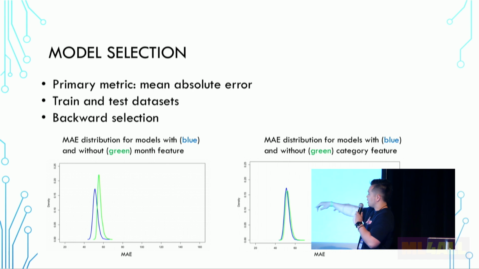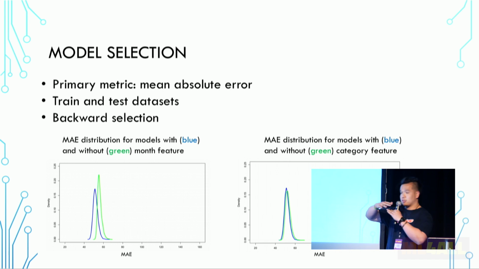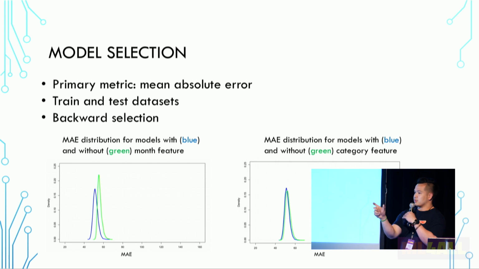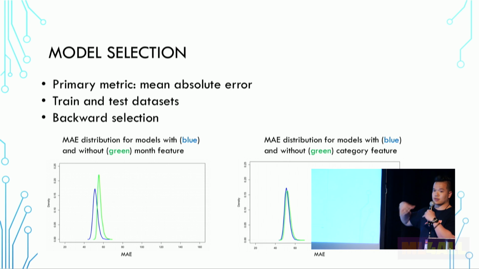In this case, I was able to generate 1,000 sets of beta values, which is one of the advantages of a Bayesian approach. From each of those sets, I'm able to use it on a test set and calculate the mean absolute error for each. So at the end, I have 1,000 values for the mean absolute error, and I build out the distribution for it.